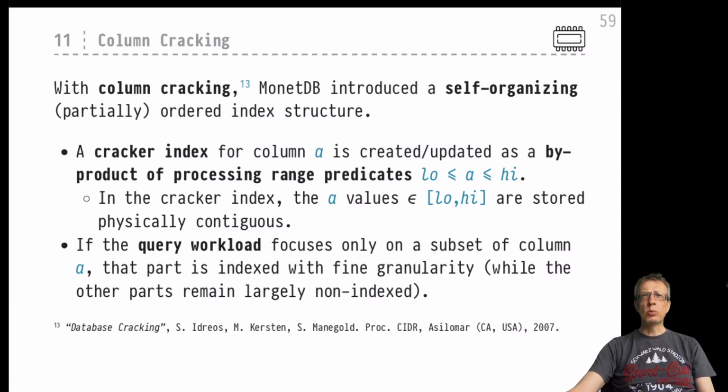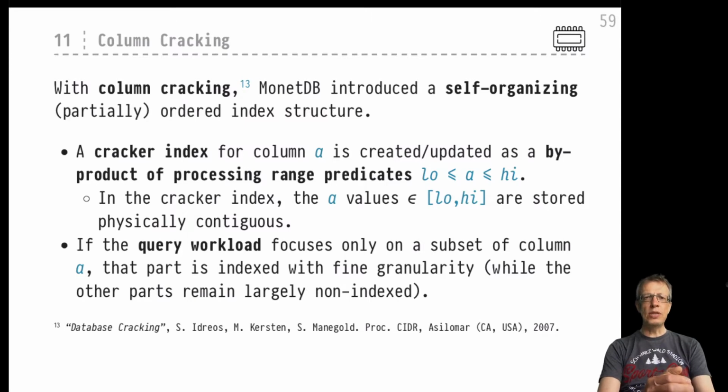All right, so with column crackers, MonetDB introduces yet another ordered index structure into the system. These indexes are not built up front or built in one shot, but they self-organize and rearrange themselves when they realize that particular queries occur again and again in the query workload.